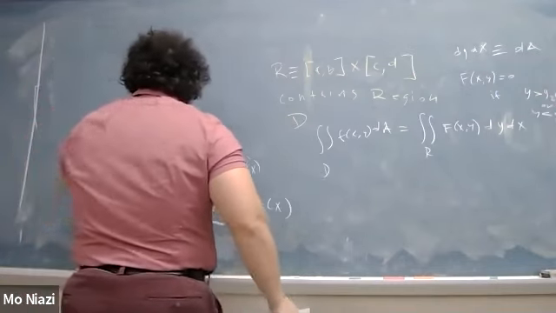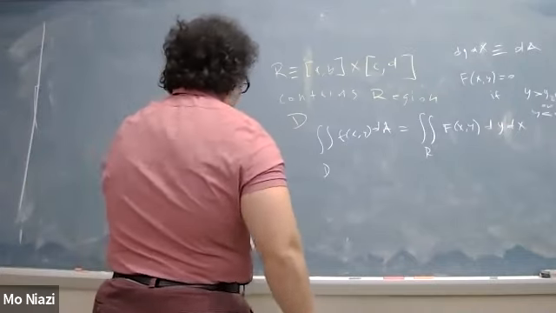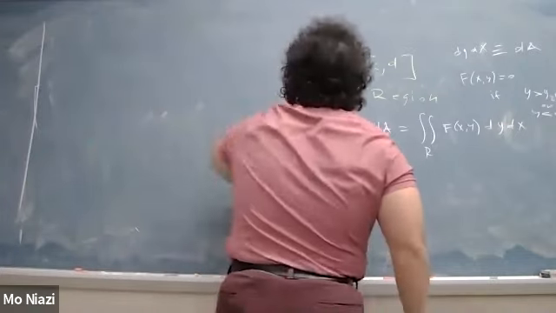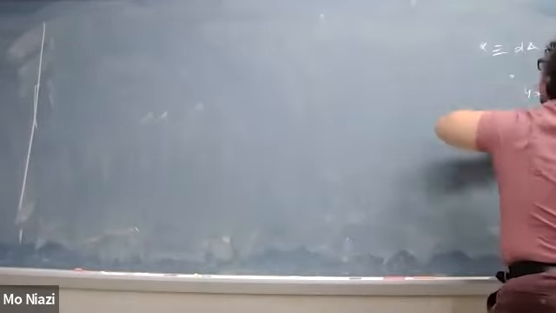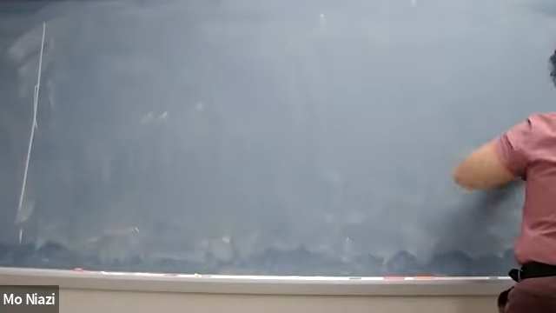So why don't we do some concrete examples here? That's the general abstract argument. I need to clear up some real estate here.